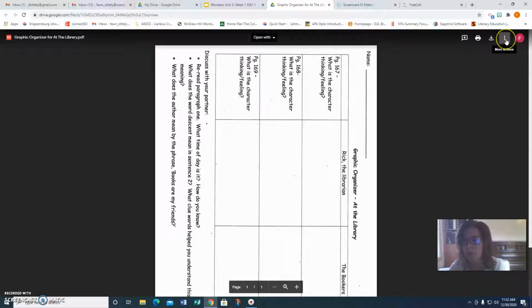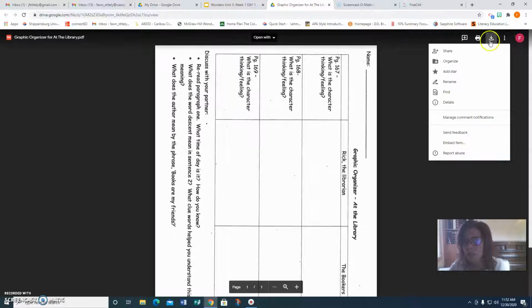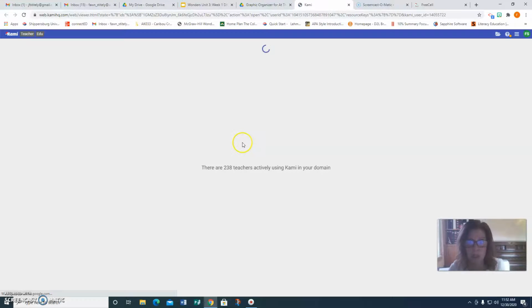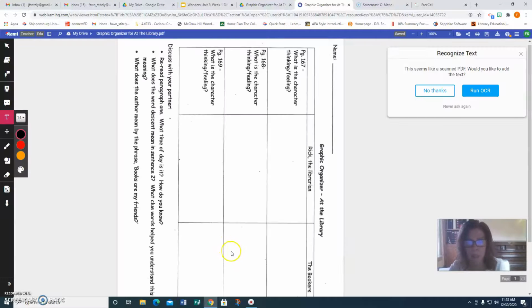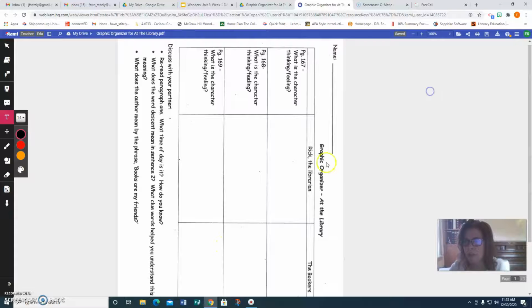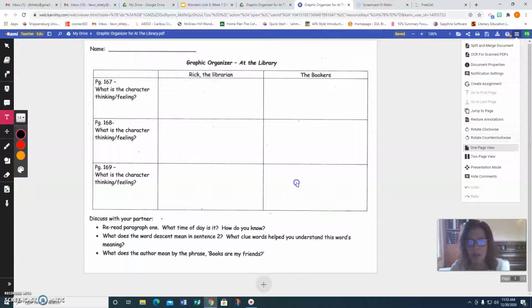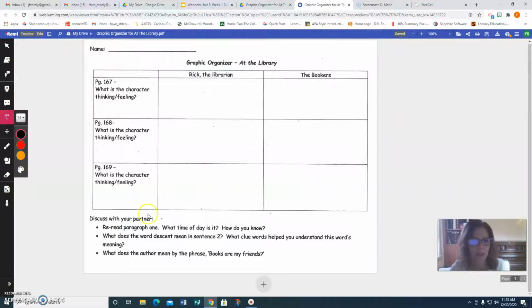So what you're going to do is, let's see, remember how I did this. We're going to annotate it with Kami because you're going to be able to write on there. We're going to click no thanks. And then over here, these three little bars, when I hover over it, it says menu. And if I rotate this counterclockwise, it now is where I need it to be.